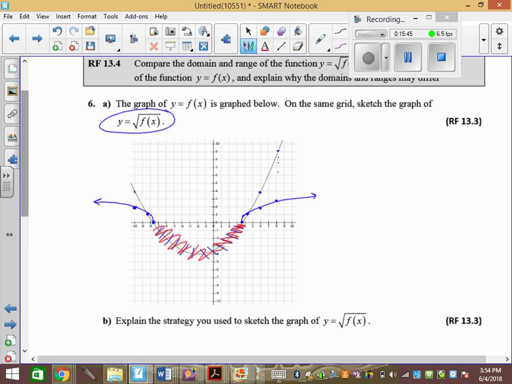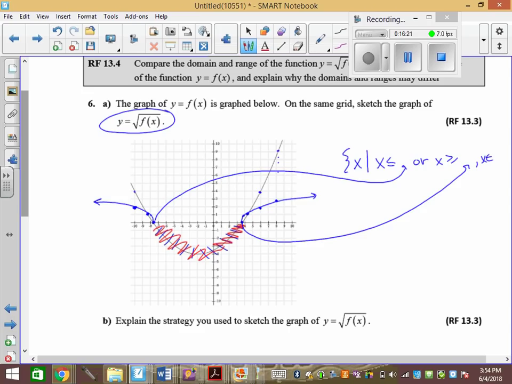So wherever the range of the original is below 0, it's going to go away, and we're only going to be left with certain x's. So we're going to have x such that x is less than or equal to this value here, or x is greater than or equal to this value here.